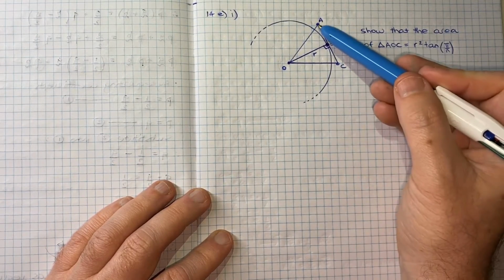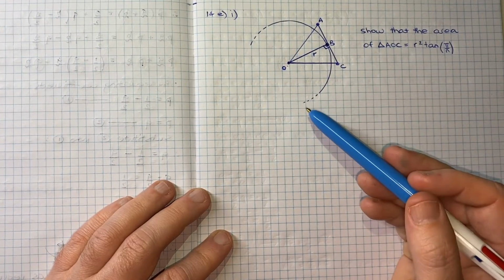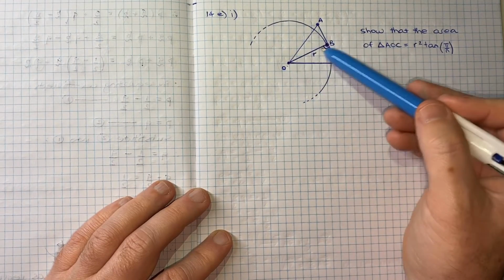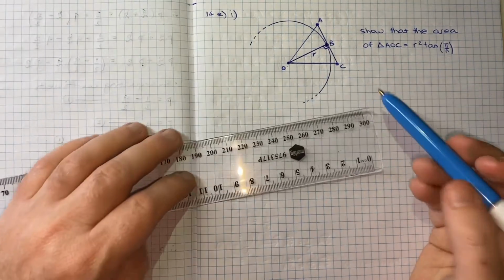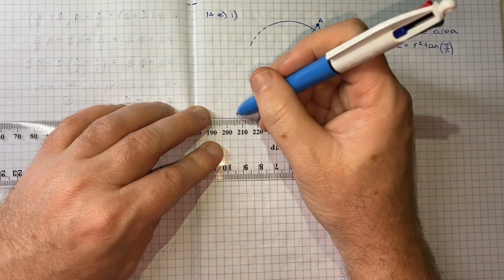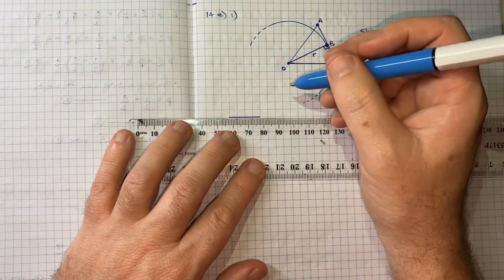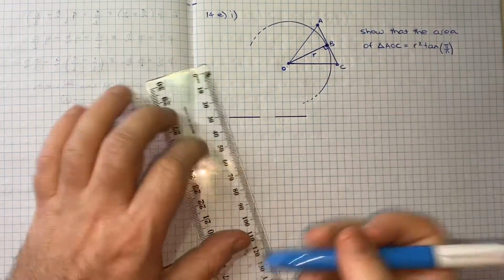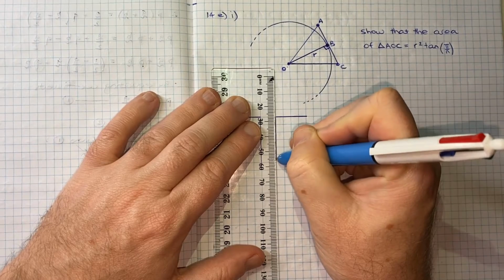whilst we're dealing with triangle AOC in its entirety, I actually think it's helpful to break up this triangle into two triangles, AOB and BOC. And I might just draw them up separately to make it a bit easier to deal with. So let's just draw them here.